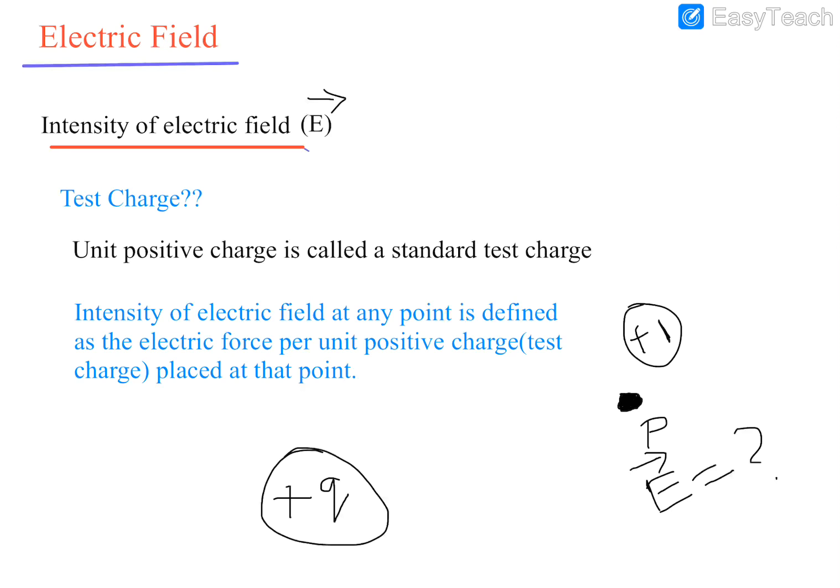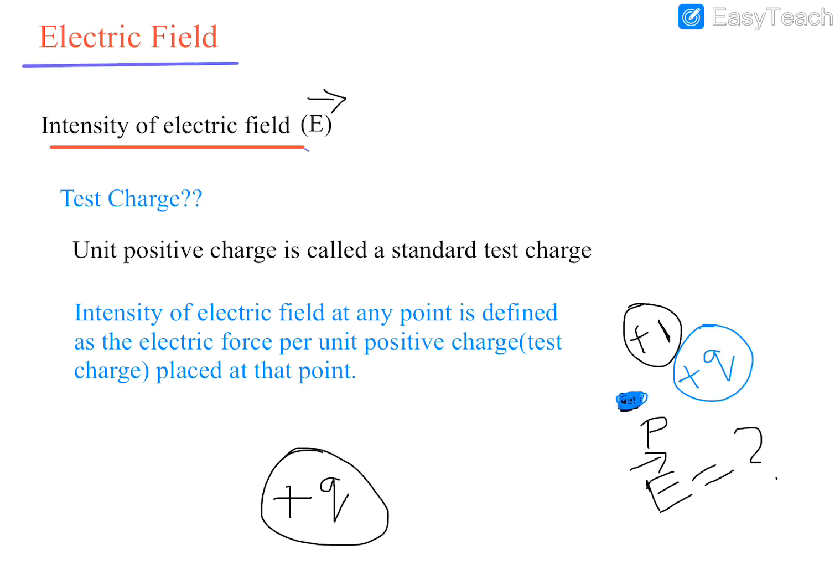So how to find the force acting on unit positive charge placed at that point? For that, instead of a unit positive charge, imagine that you are keeping plus q charge there. Instead of this plus 1, if you keep plus q, imagine that you are keeping a plus q here.